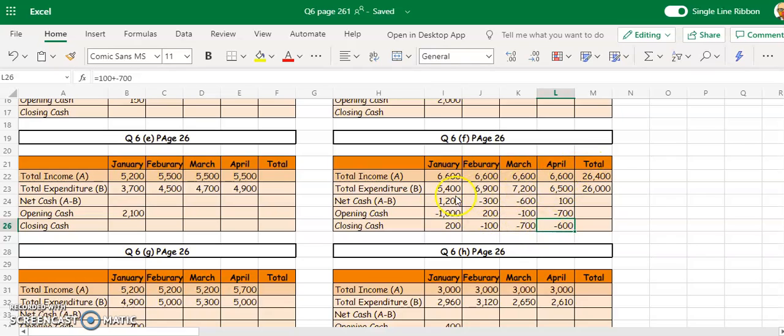Remember your total, you're going to take your opening cash for January, so it's minus 1,000. Then we're going to find our net cash, which is 26,400 minus 26,000.